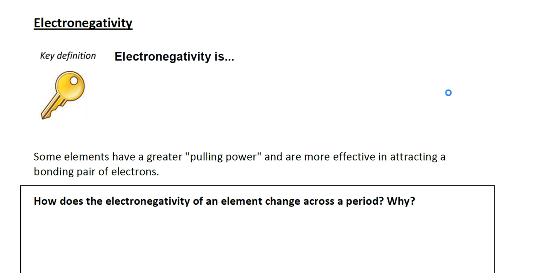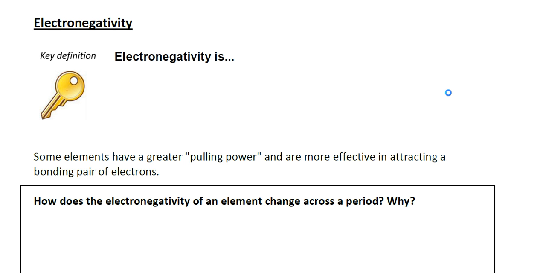We're talking about bond pairs of electrons. So we can use this idea to understand why, for example, a bond pair in H2O is pulled close to the oxygen. The oxygen must have greater pulling power on the pair of electrons compared to the hydrogen.